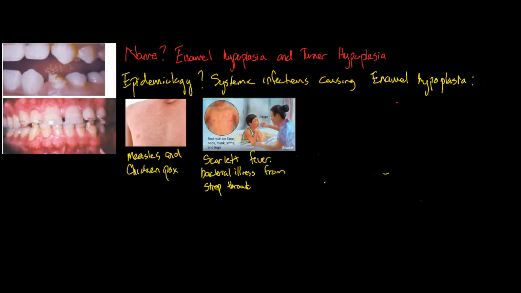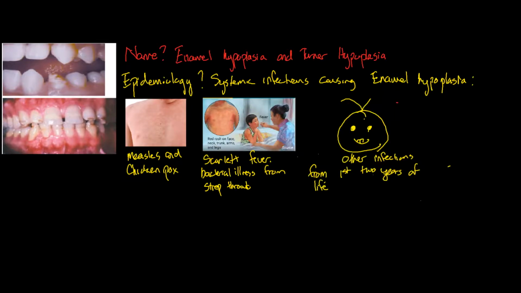Scarlet fever, which has to do with the bacterial illness from strep throat, and other infections from the first 2 years of life can cause what is known as enamel hypoplasia and Turner hypoplasia.